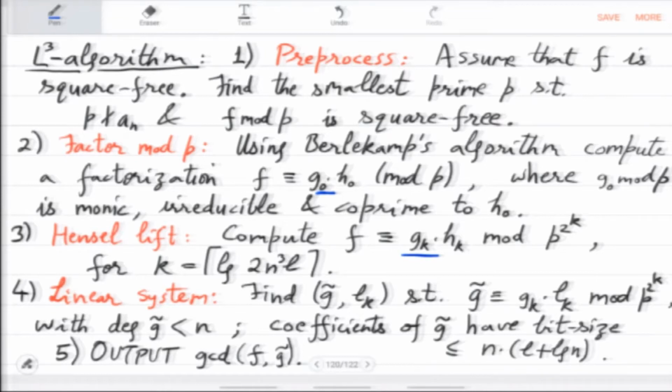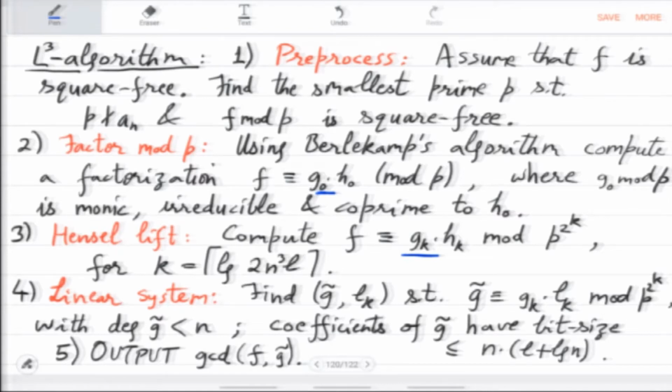So at this point you can apply the Hensel lifting lemma constructively and you can lift this factorization mod p to mod p raised to 2 raised to k. So you apply it k times. k is sufficiently large, so we will see why this parameter is important, but it will be around log of n cube L. Okay.